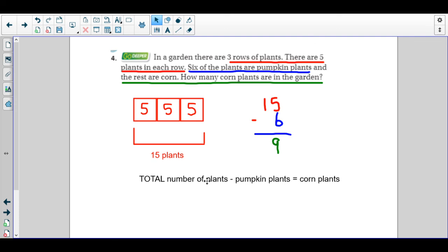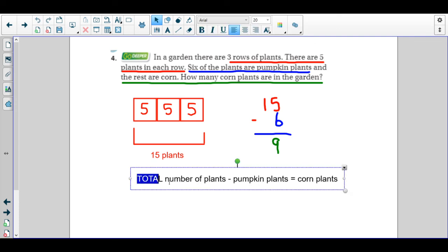So let's even get our colors where they need to be. So our total number of plants is red. The pumpkin plants are blue. And that leaves the number of corn plants, which is going to be green.